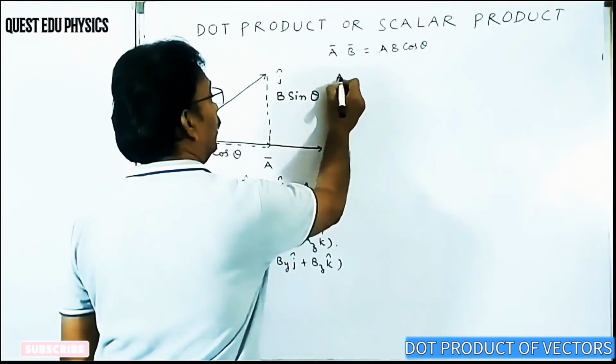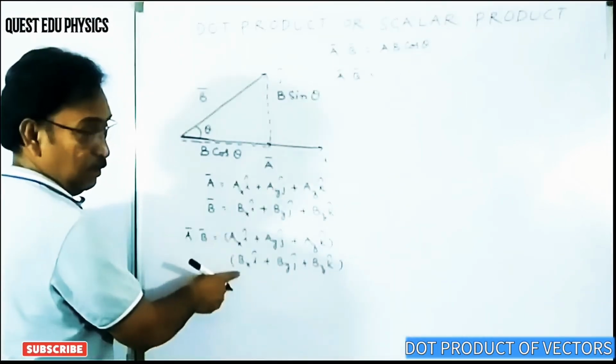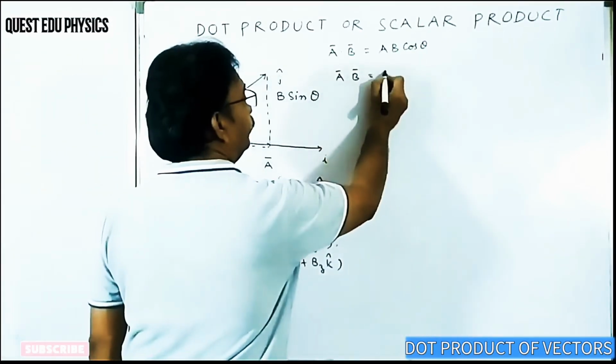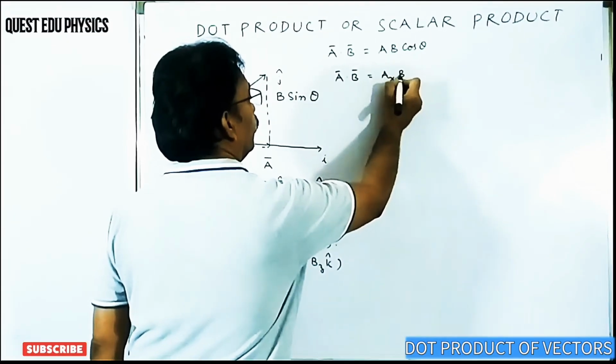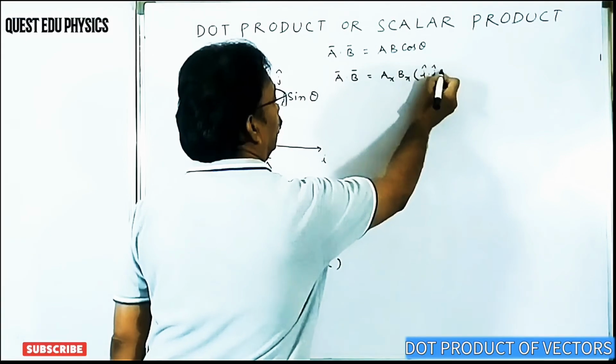A bar dot B bar becomes Ax Bx into i cap dot i cap.